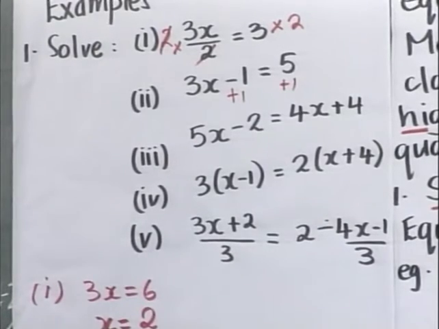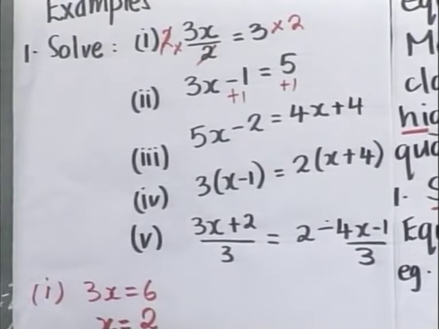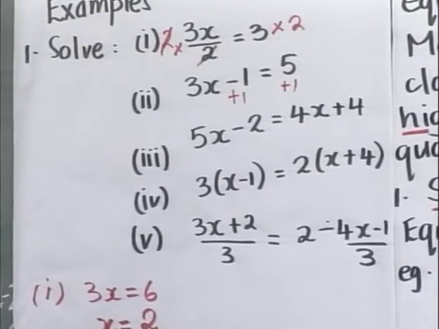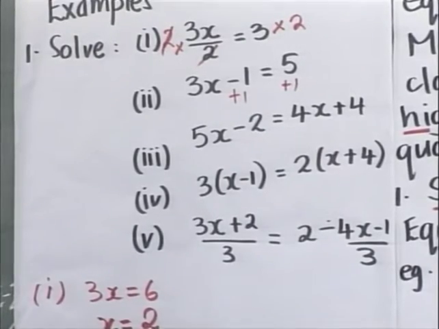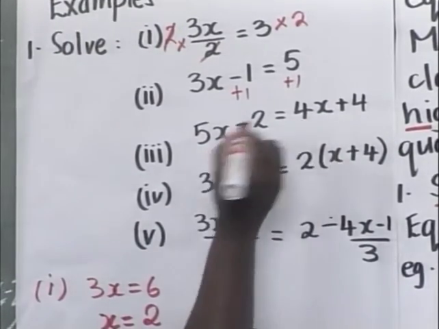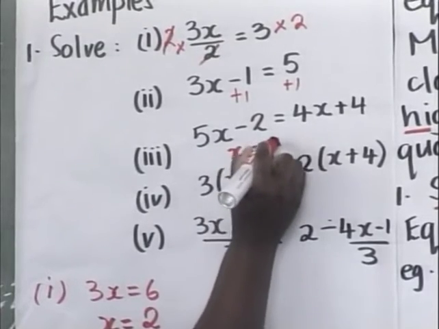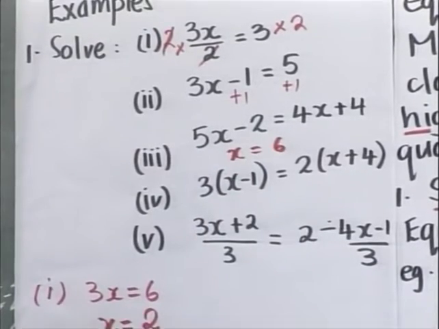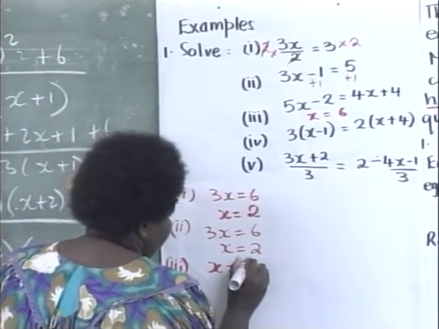So you are going to get x equals 6. In one step, you can get the answer instead of writing every little thing. So plus 2 on both sides, you will get x equals 6. Add 2, subtract 4x. Is that okay or am I going too fast? Okay.